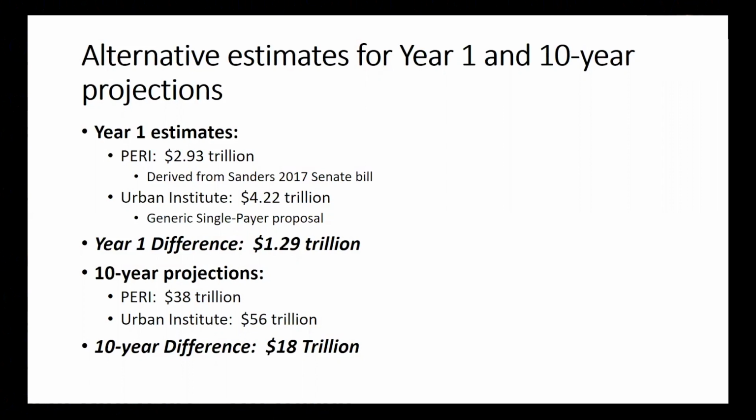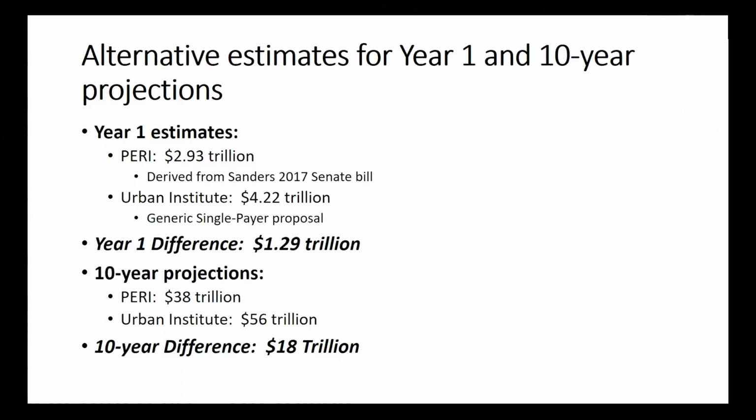And my estimate is based on the 2017 Sanders bill. There was a reference that we should really be working on the basis of the Jayapal bill. I should tell you that I actually am doing some estimates on the Jayapal bill requested by Congresswoman Jayapal, and I just haven't finished. But anyway, I'll make reference to that as we go along.